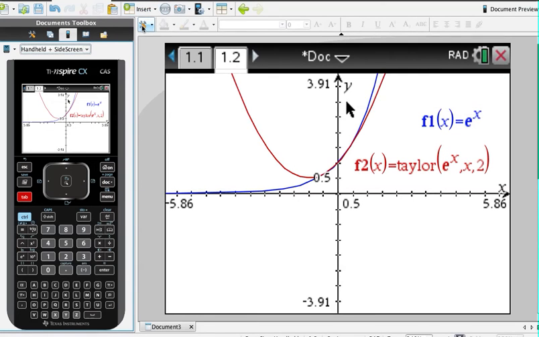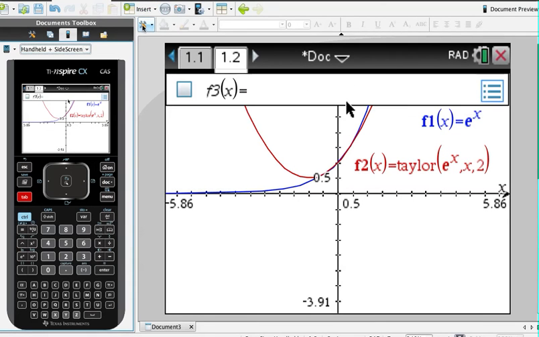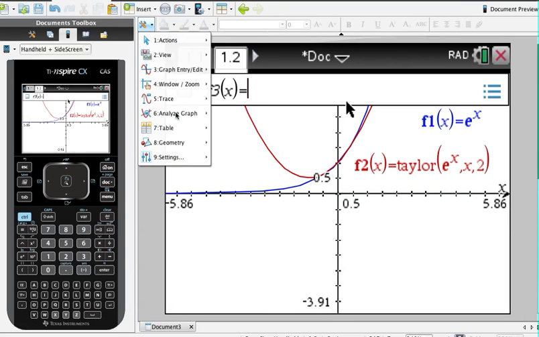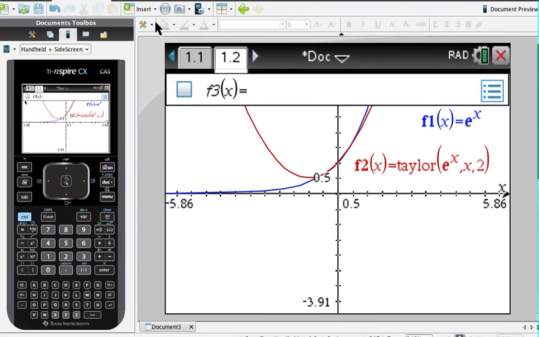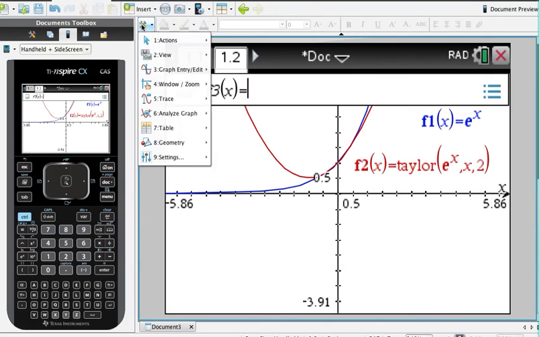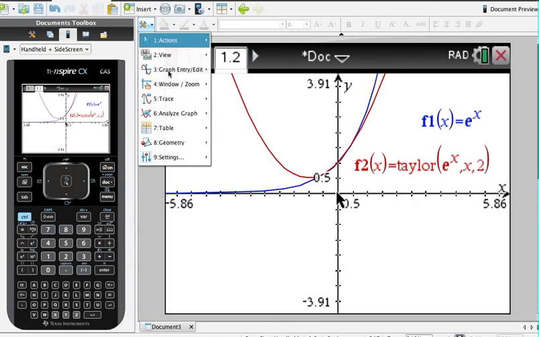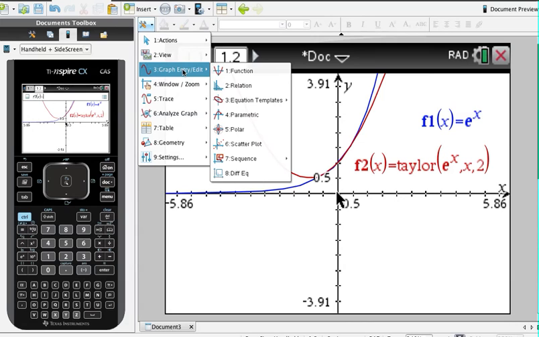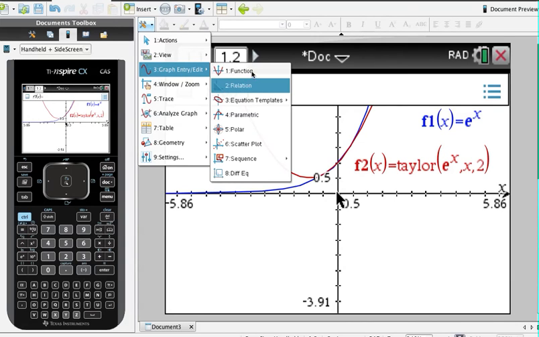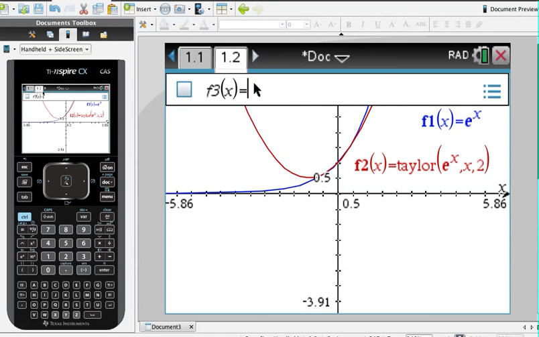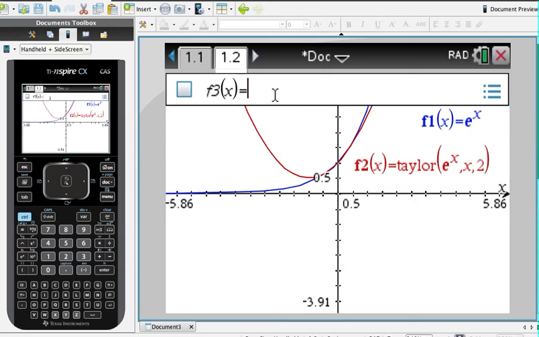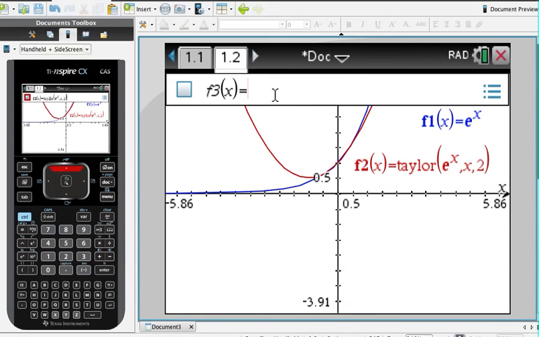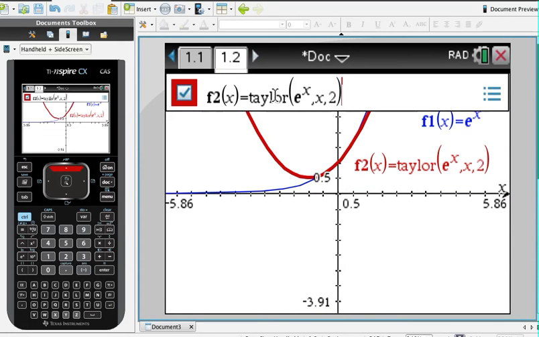Nope. Go to menu. Go to graph, option 3, function. Here we go.